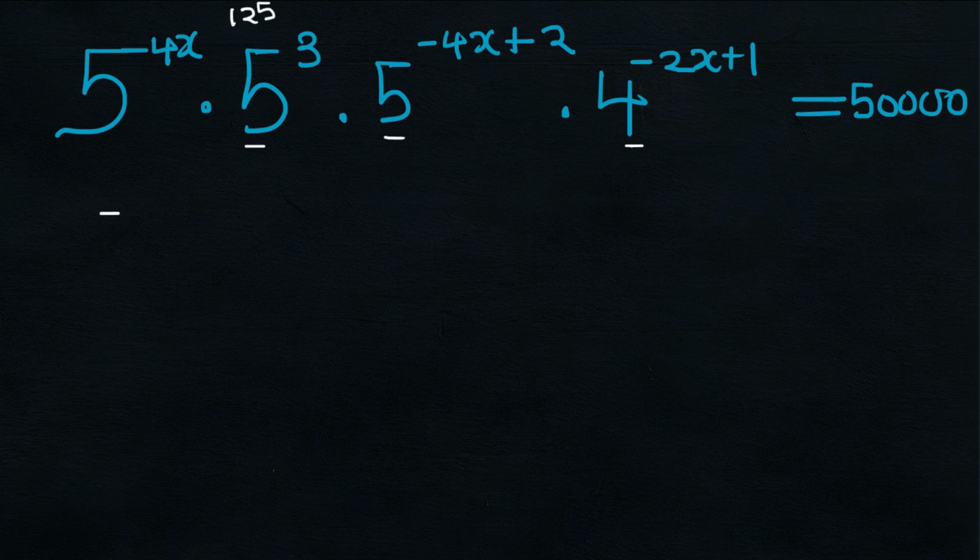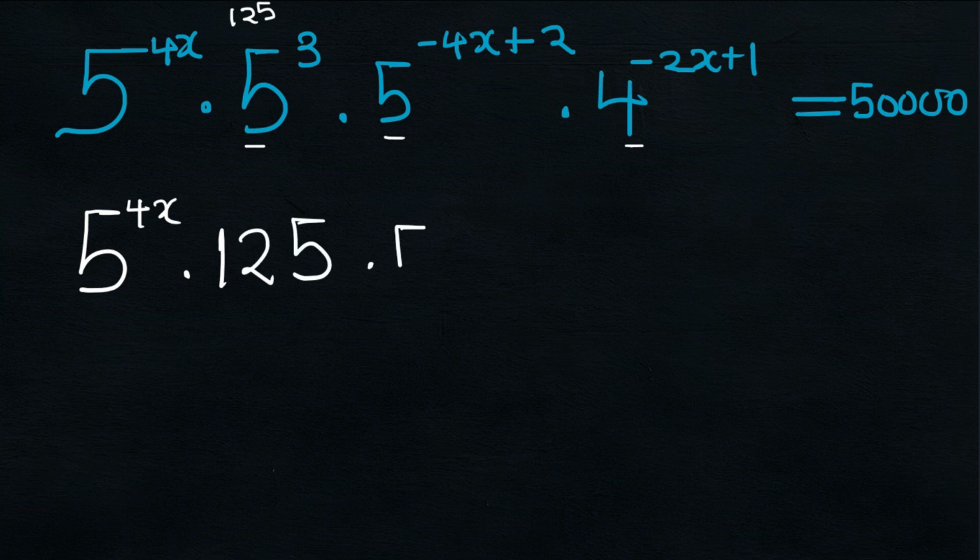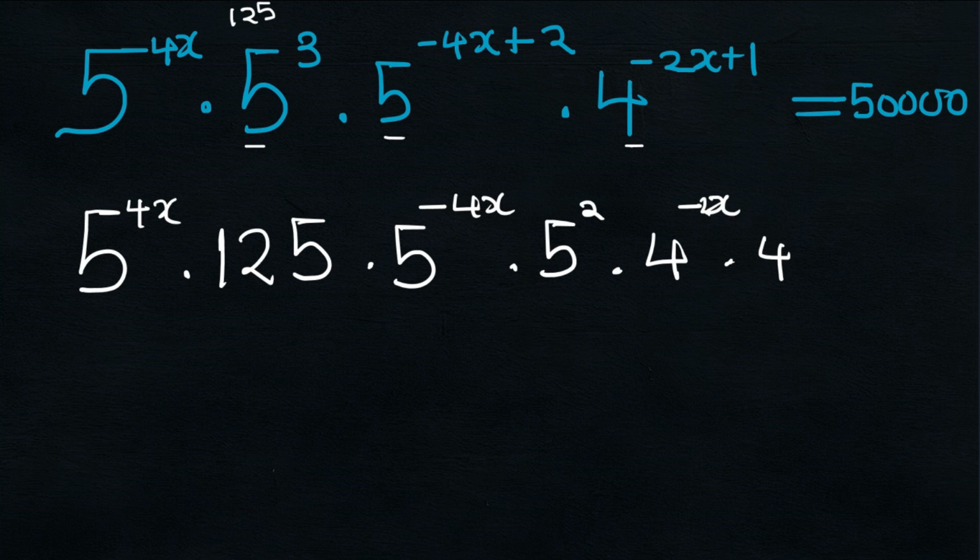So it is going to be 5 to the power of 4x multiplied by 125, multiplied by 5 to the power of minus 4x, multiplied by 5 to the power of 2, multiplied by 4 to the power of minus 2x, multiplied by 4 to the power of 1, which is literally 4, is equal to 150,000.